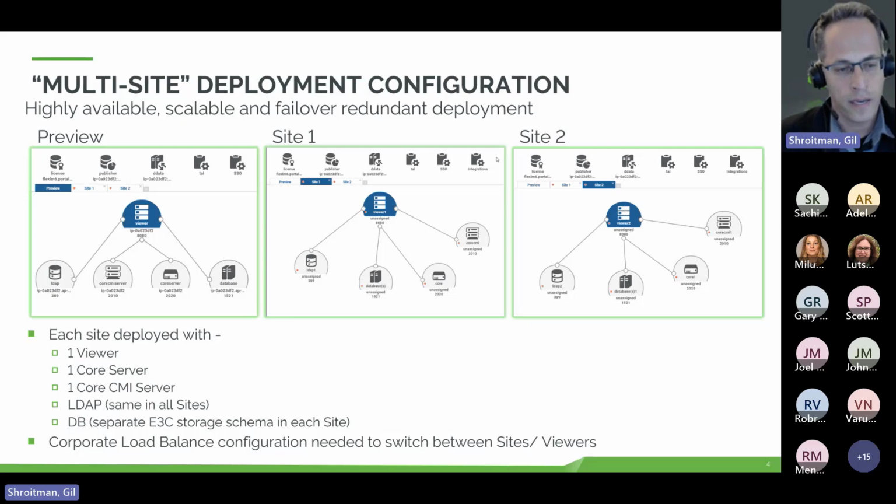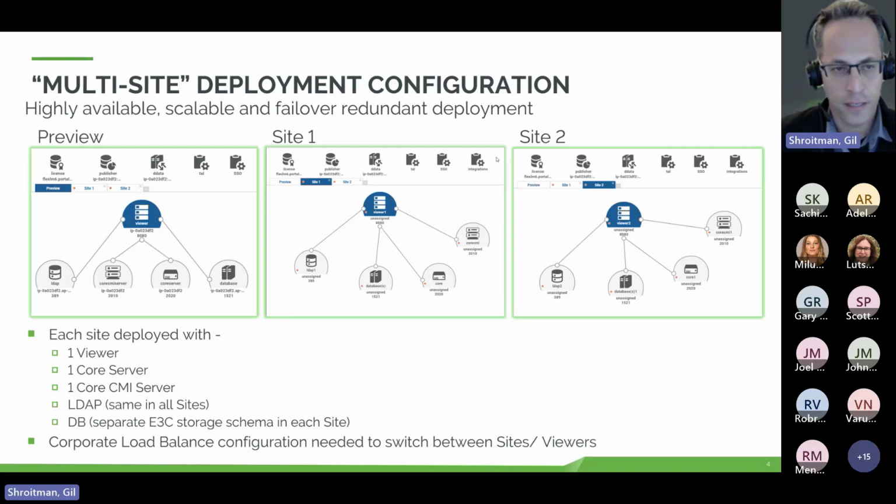And lastly, the database schema. It's important to set up a separate database schema for each one of the sites, again from the perspective of achieving high availability in your deployment.